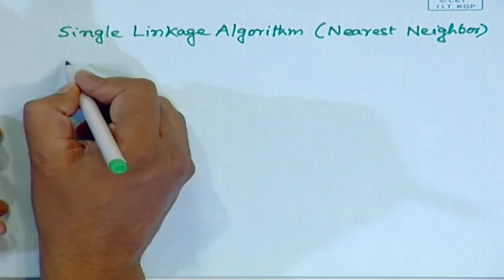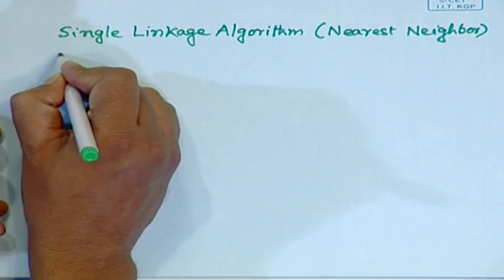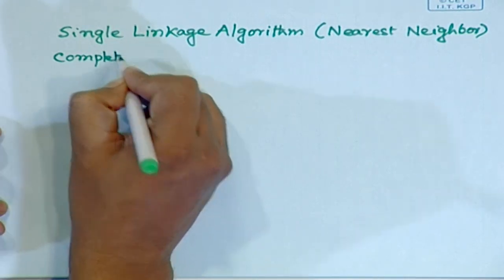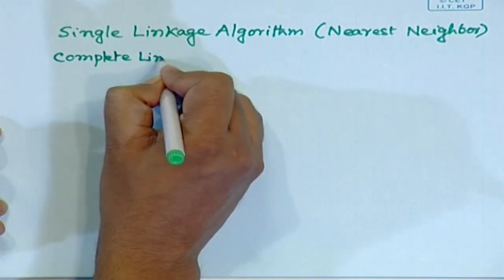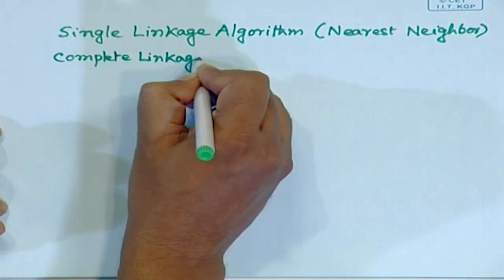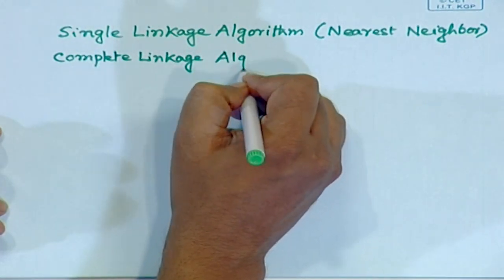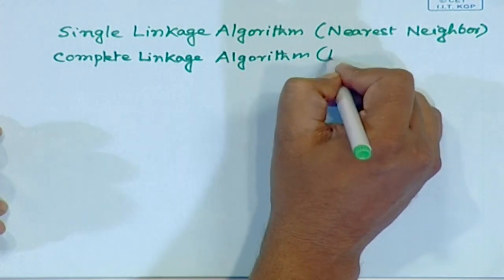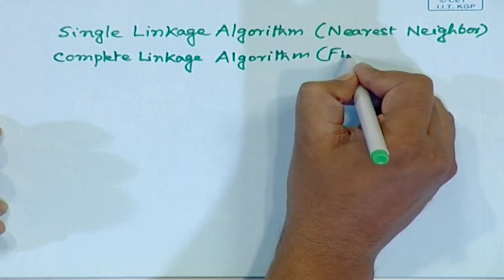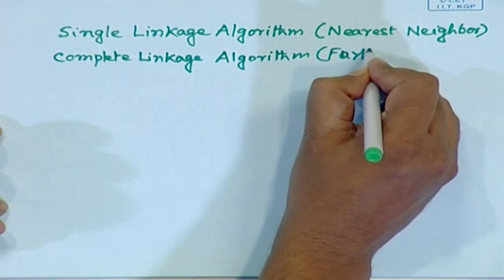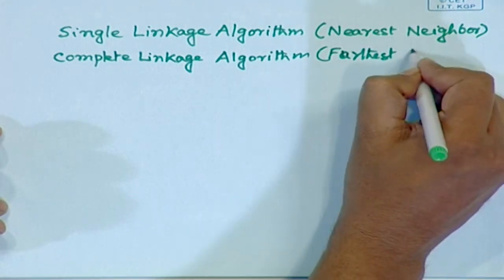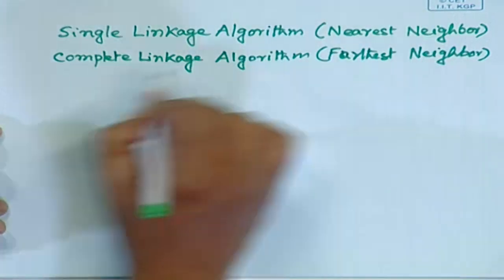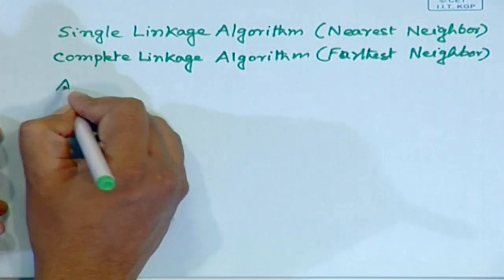The other algorithm that I can have is called the complete linkage algorithm, or this is also called the farthest neighbor algorithm. Or we can have something called the average linkage algorithm.